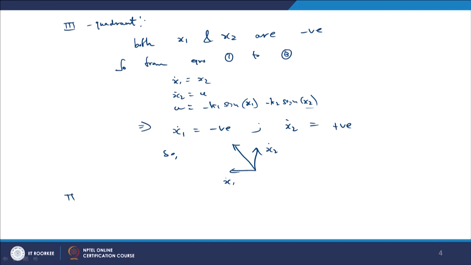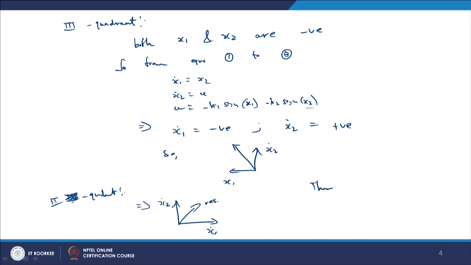And similarly, in the fourth quadrant we have the direction of x1 dot in this way positive and x2 dot... in the second quadrant. It is not fourth quadrant, it is in the second quadrant. We have both x1 dot and x2 dot positive. So, the resultant is this one, that is the state trajectory's direction.